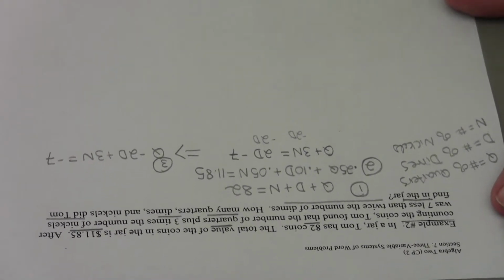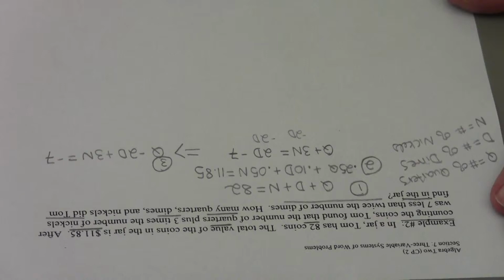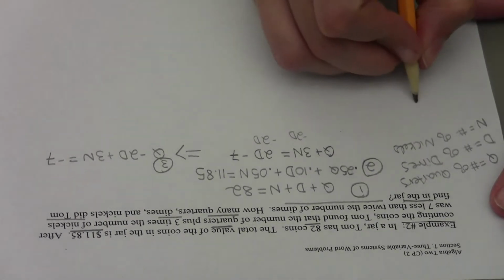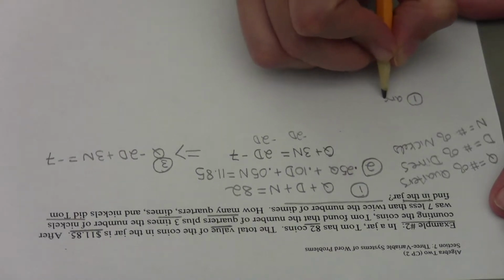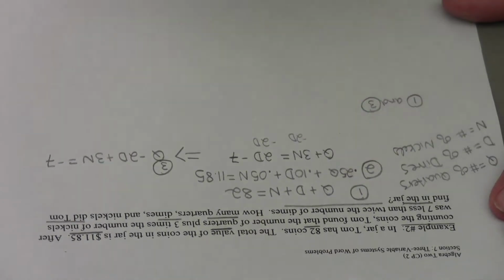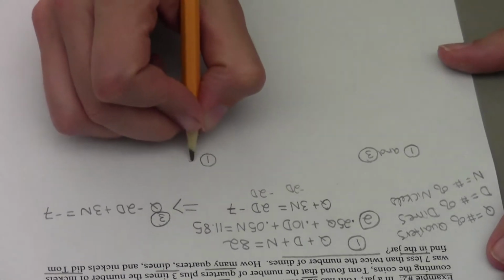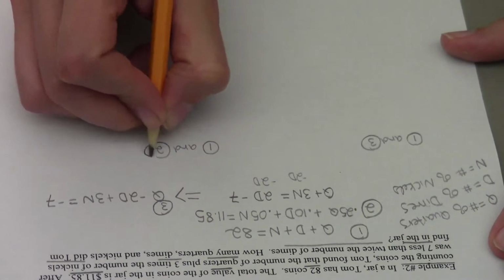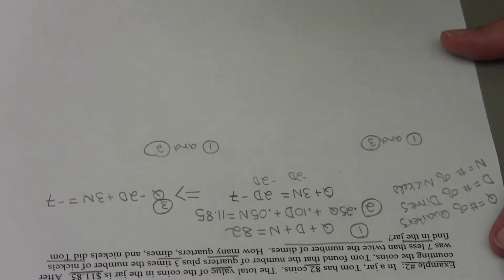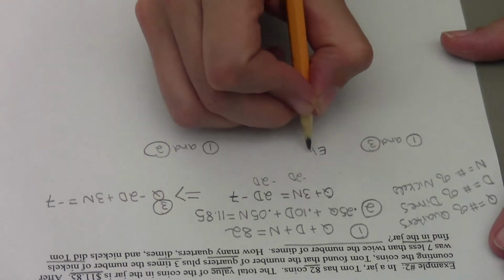Next, I need to decide how am I going to compare these. There's no rules in the question as to whether we should solve by substitution or elimination, but I do think elimination tends to be easier on ones like this where we have all 3 variables in all 3 equations. So I'm going to go ahead and pair 1 and 3. And I'm going to compare 1 and 2. And my focus is going to be to eliminate those quarters.